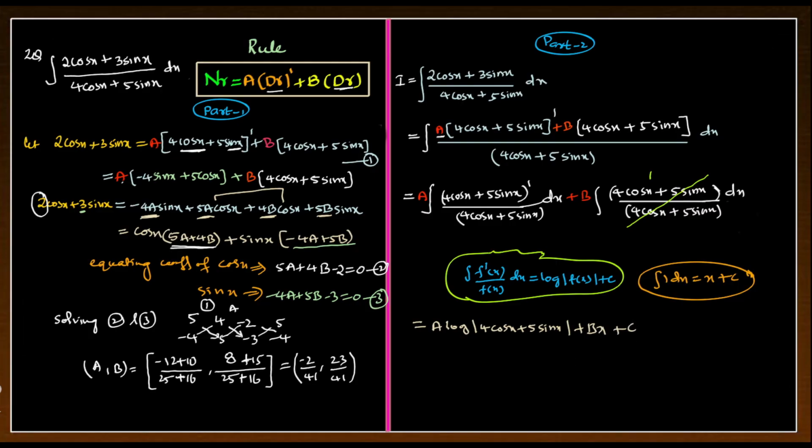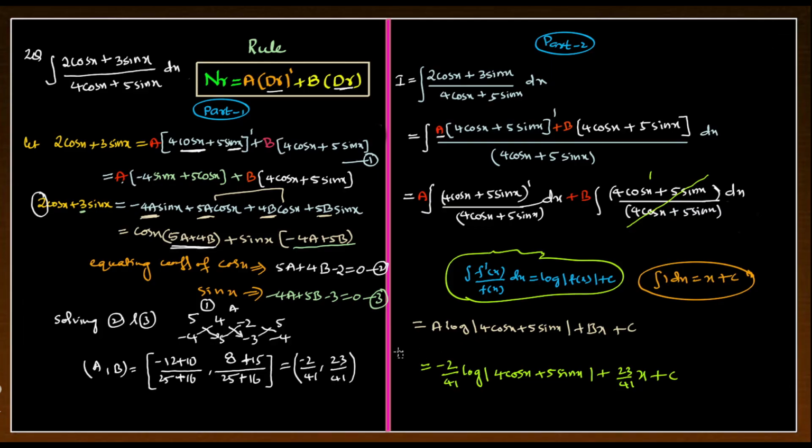Now in the final answer we have to write the values of A and B. The value of A is minus 2 by 41 into log mod 4 cos x plus 5 sin x, plus the value of B, that is 23 by 41 into x plus c. So this is our final answer.